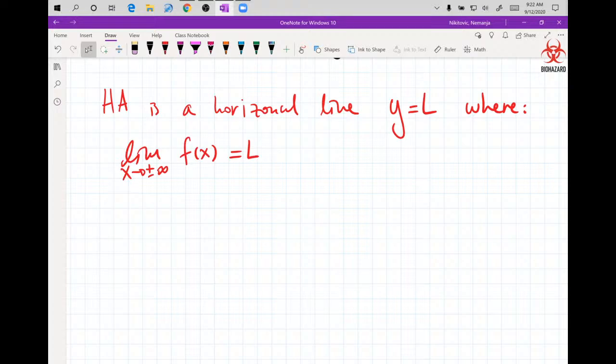Now, a very important thing to know: f of x can go through the horizontal asymptote.